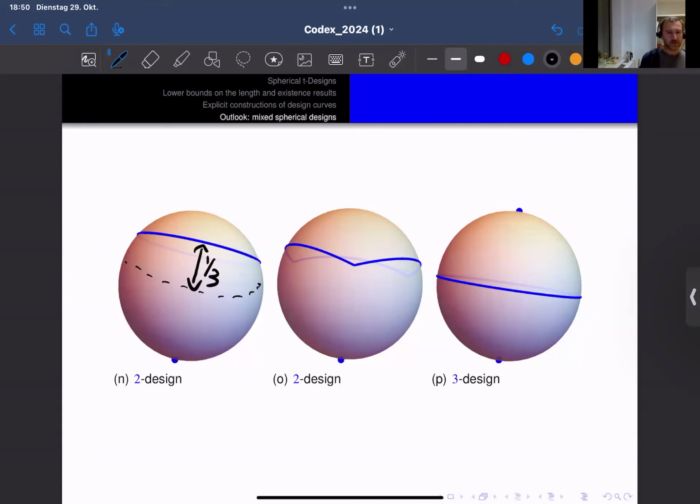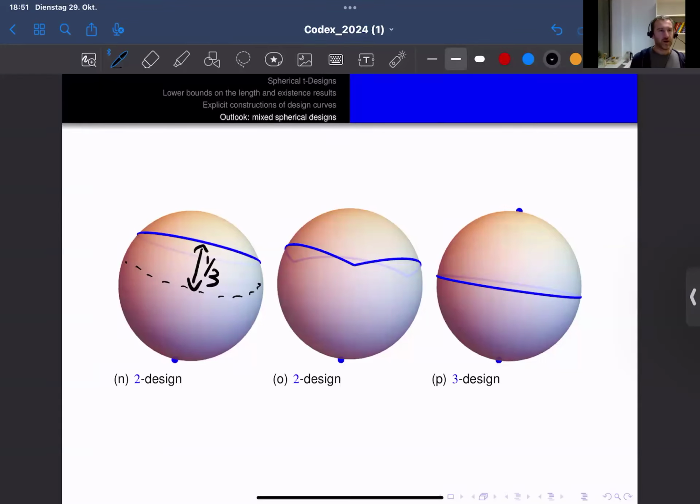And this really has the flavor of being the minimalistic 3 design, because in order to have a 1 design with points, you need 2 points, for instance north pole and south pole.